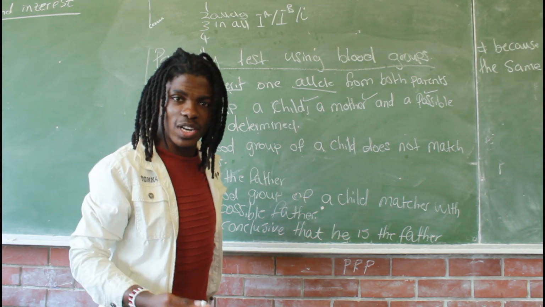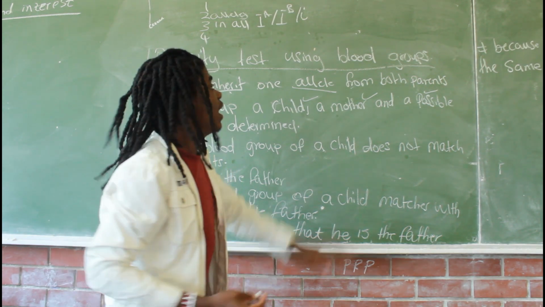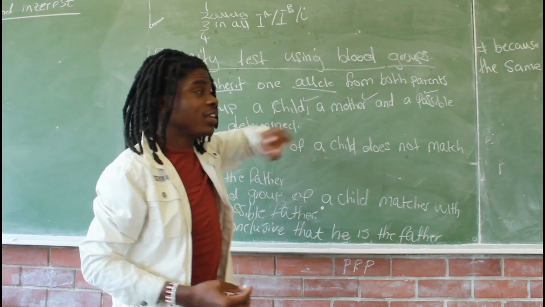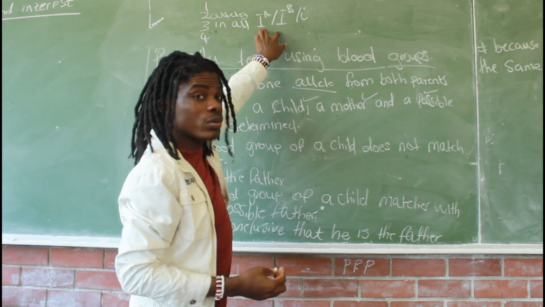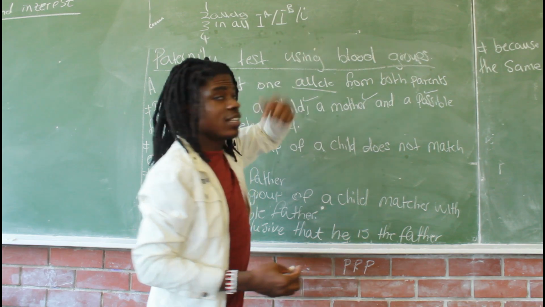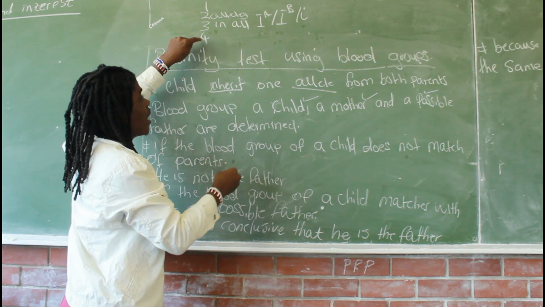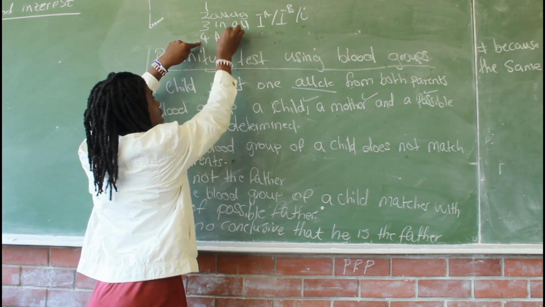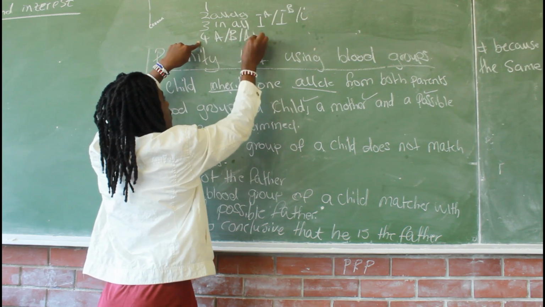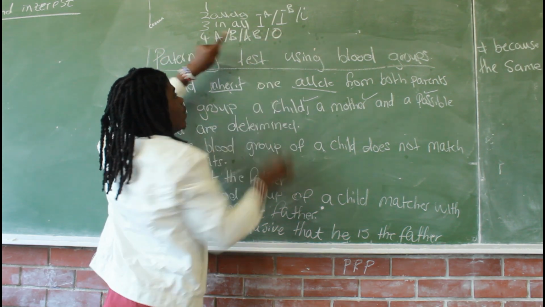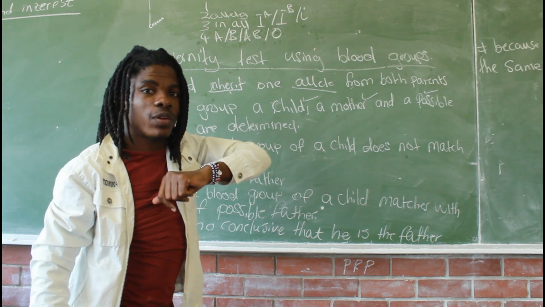Capital letters mean dominant, and i is recessive. That means A and B are both dominant, and i is recessive. For blood types, we have blood type A, blood type B, blood type AB, and blood type O. So there are 4 of them.